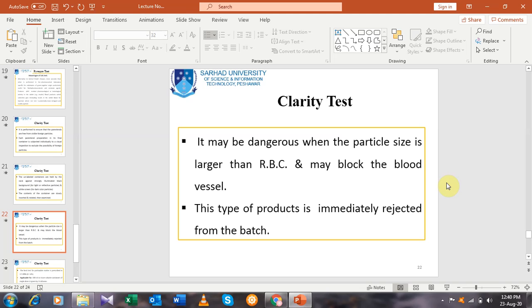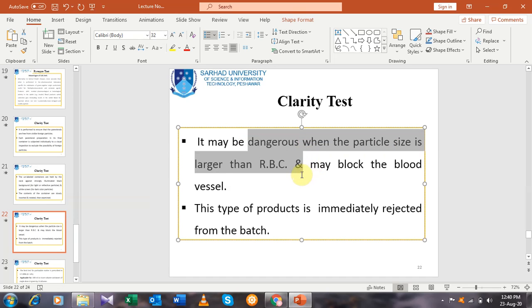Because of the dangerous nature of such particles, the clarity test is done. A product having a particle of this size should be immediately rejected from the batch in order to avoid the problem, that is, blockade of the blood vessel.